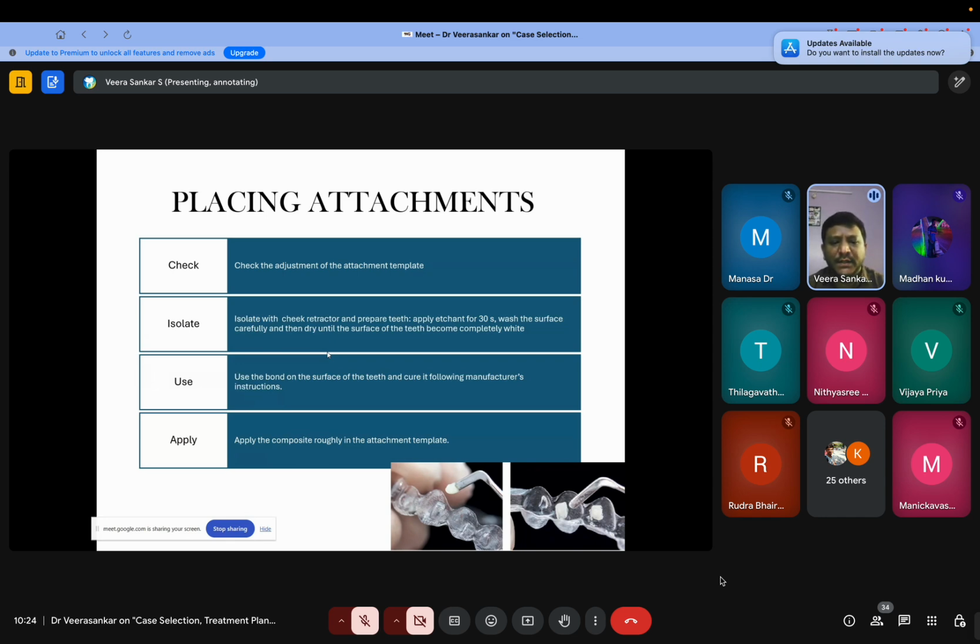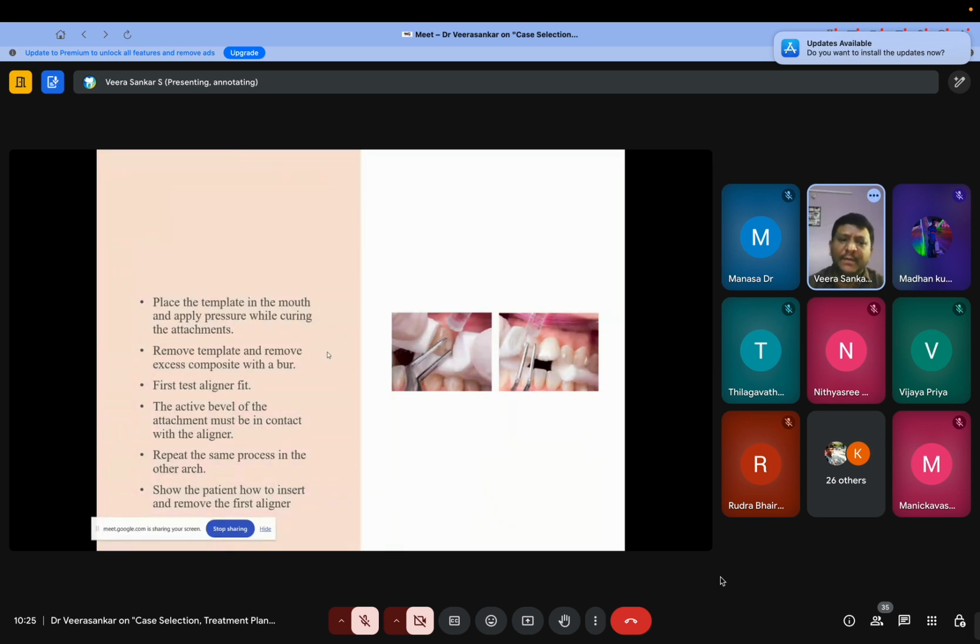Wash the surface of the teeth carefully and then dry until the surface of the teeth becomes completely white. Apply the bonding agent on the surface of the teeth and cure it following the manufacturer's instructions. Apply the composite into the attachment template. Then place the template in the mouth and apply pressure while curing the template attachments. Then remove the template and remove excess composite with the burr.